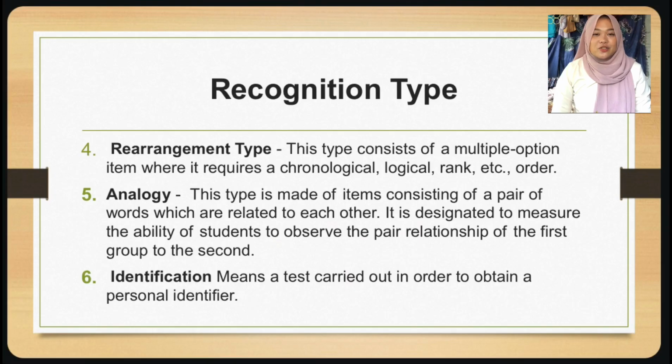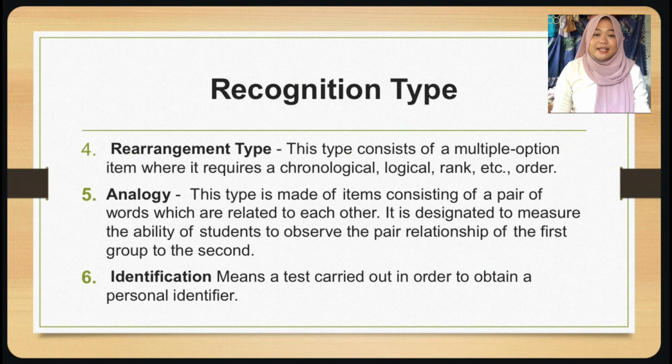Next is the analogy. Analogy assessment involves identifying the relationship between two sets of items and applying that relationship to another set of items. The students are presented with a pair of words or items that have a certain relationship. They are then required to select the option that exhibits a similar relationship or analogy to the given pair.